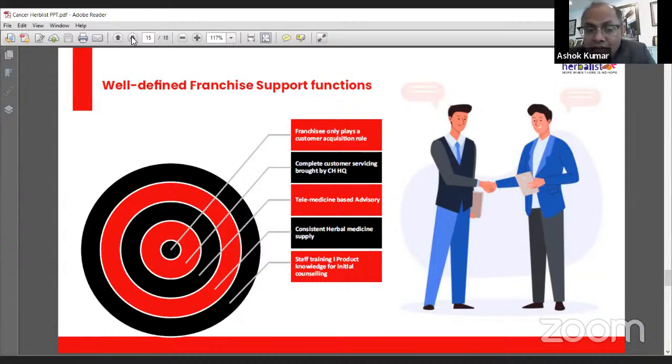So my franchisee does not require many operating or clinical capabilities to service or treat patients. Your herbal medicines will be supplied by Cancer Herbalist, and you will get complete handholding and training from the Cancer Herbalist team.